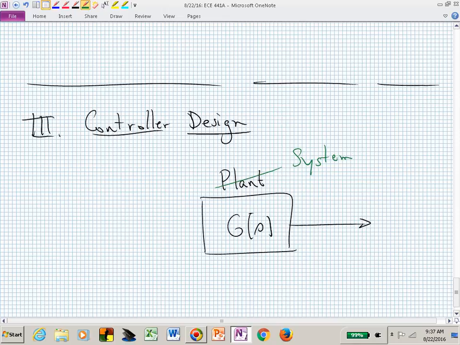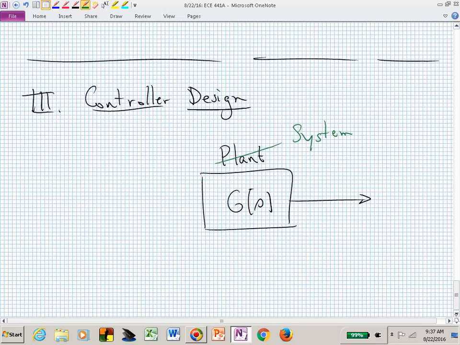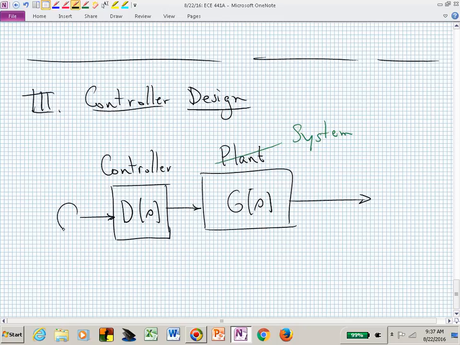And we might like the way that plant behaves, we may not. If we don't, then we will want to manipulate or change the behavior of that system by introducing a controller, which has its own transfer function, which we will call D of S. And we may not want to look at this in an open loop fashion.